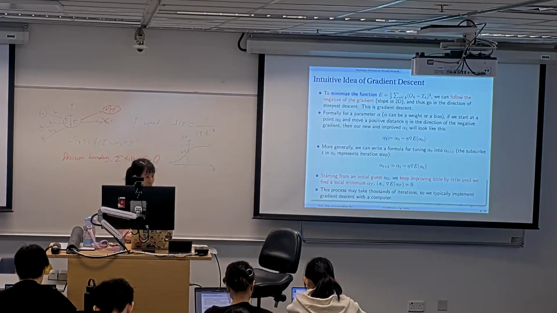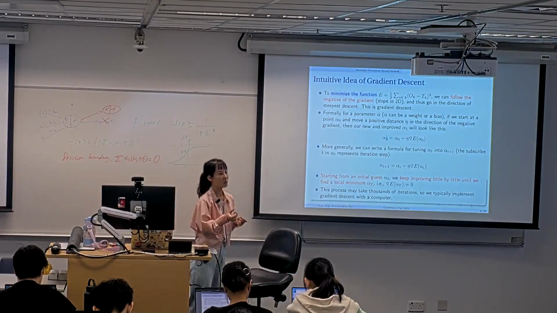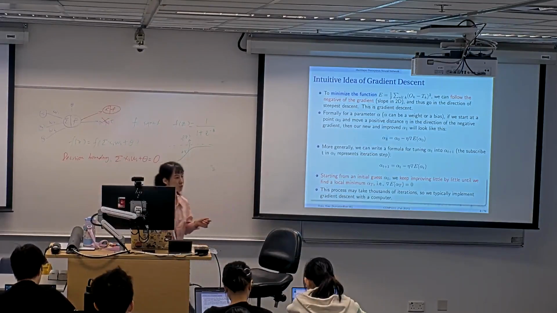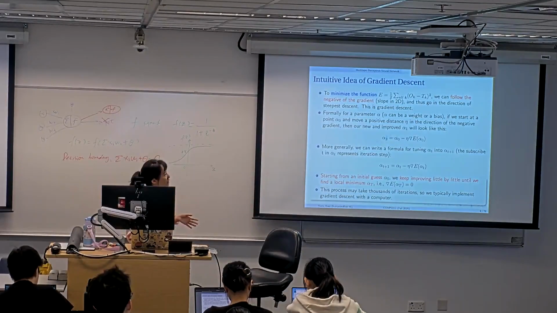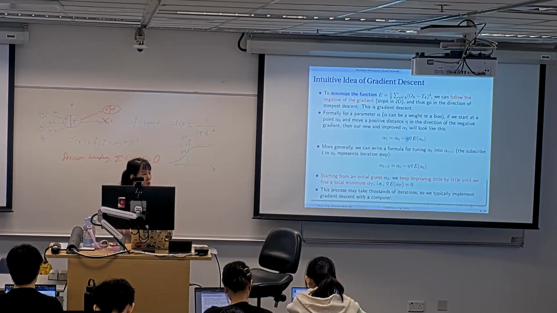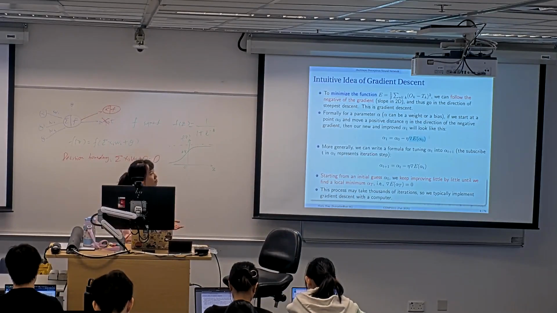Here the subscript 1 means the step. So for the first step, alpha 1 becomes the initialization alpha 0 minus eta, the learning rate, which is the distance we want to move, times the derivative of the error function E with regard to alpha 0.